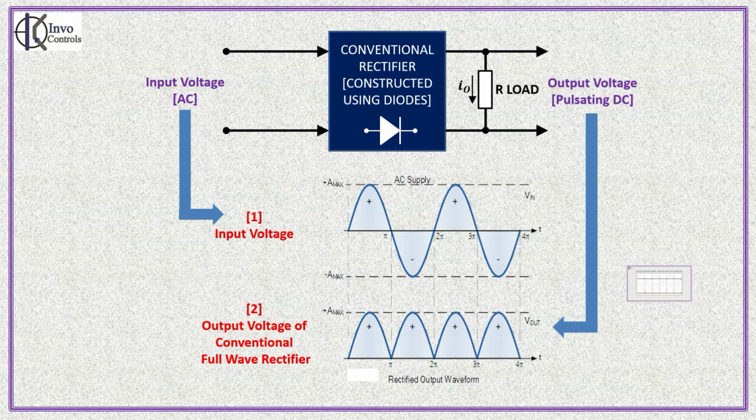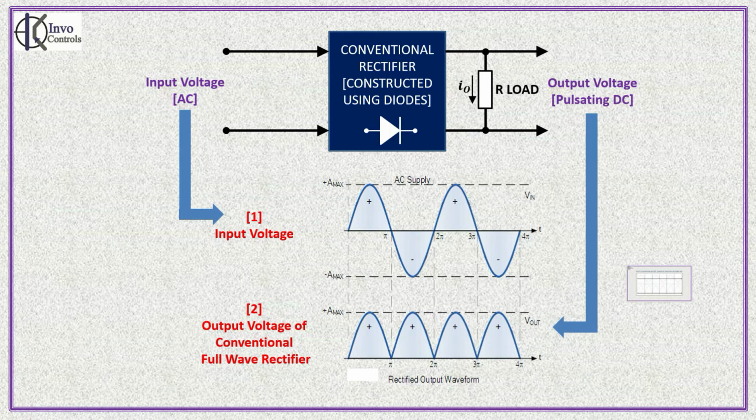The term pulsating refers to the fact that the output voltage is varying continuously. Hence, we can say that pulsating DC means the output voltage is unidirectional and varying continuously with time.